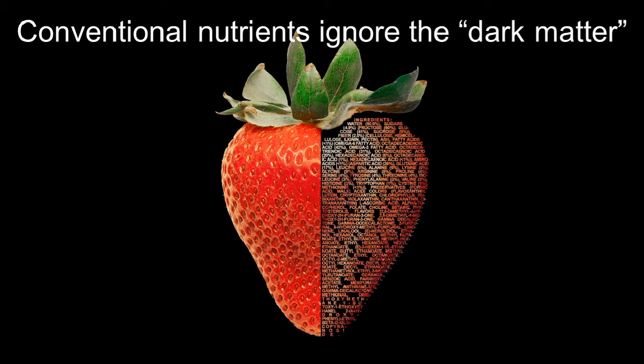It's got different fatty acids. It has preservatives, and various flavors. And these are completely ignored. All of these components of our food are completely ignored when we just look at these conventional nutrients. So you could think of these like the dark matter that's in our foods that the microbes care about.